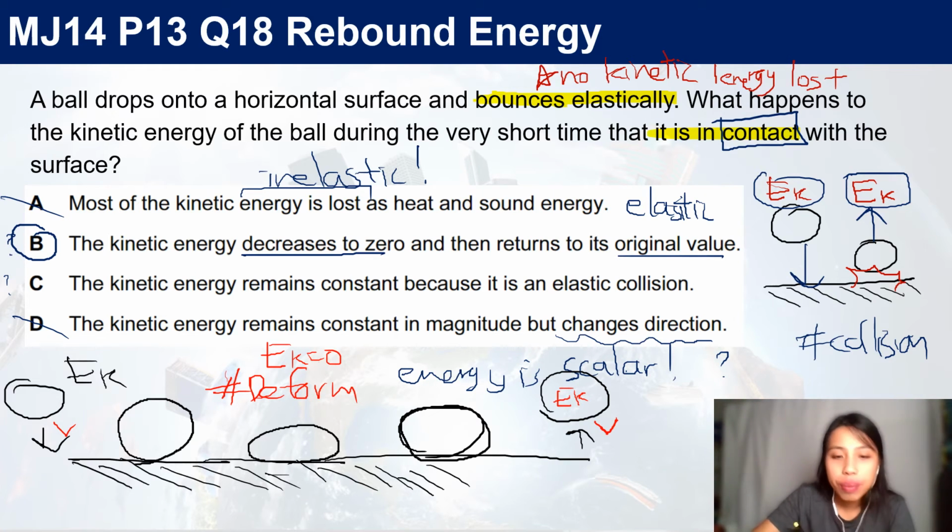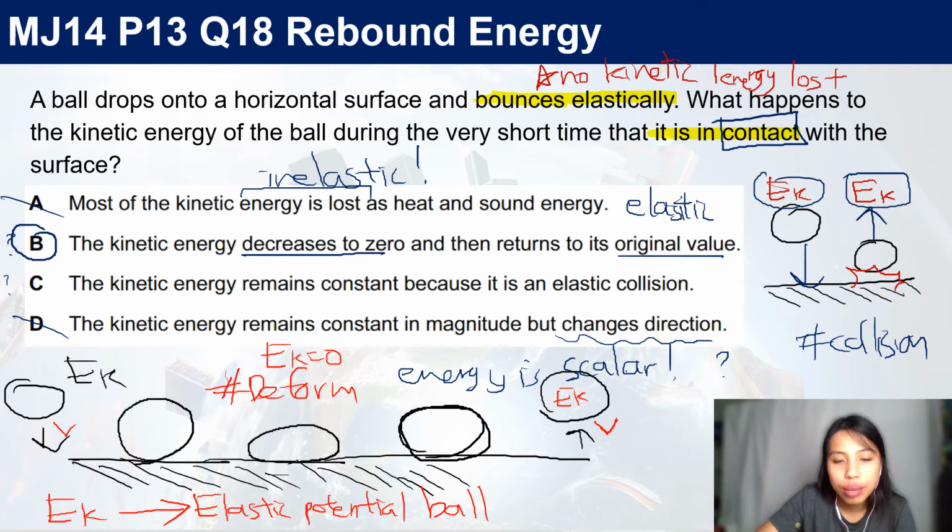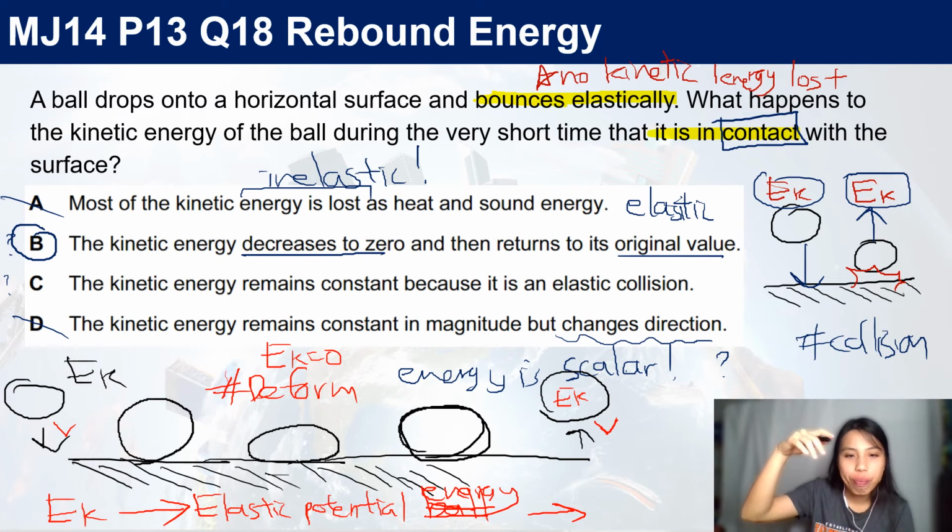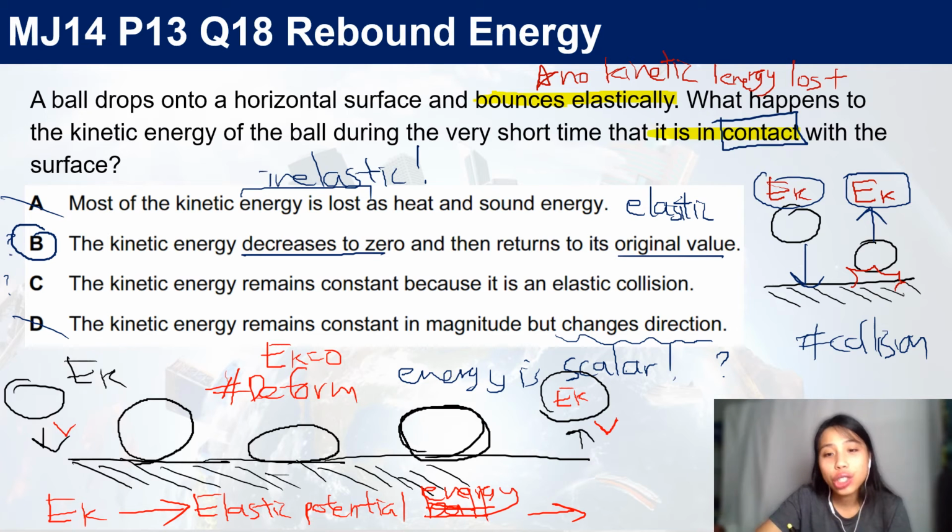So in other words, at first you have kinetic energy, which is transferred to what we call elastic potential energy, kind of like squishing a rubber ball. Then once it's done its deformation, that elastic potential energy is transferred right back into kinetic energy.